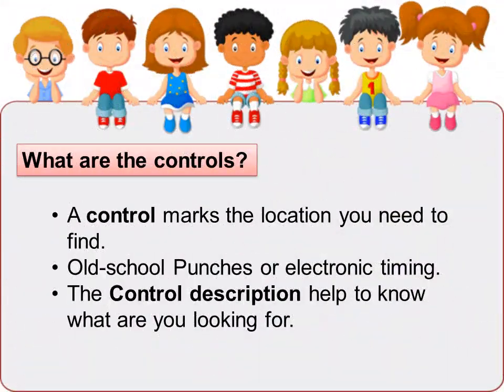Then there are the controls. A control marks the location you need to find, using old-school punches or electronic timing. The control description helps you know what you are looking for.